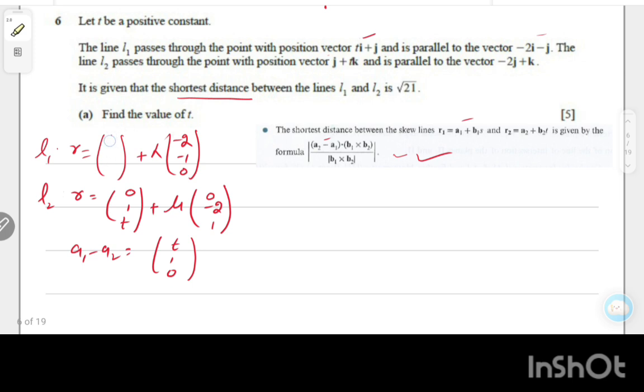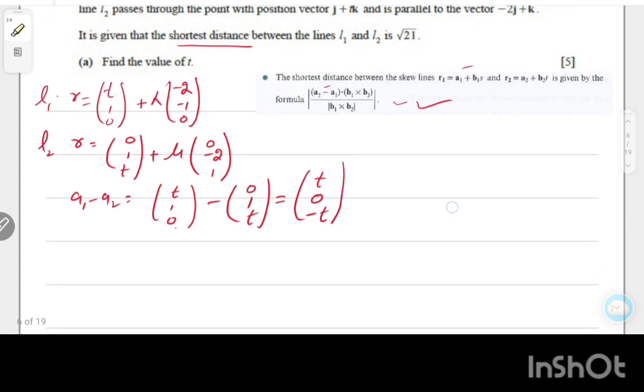We write a1 as t, 1, 0 and subtract 0, 1, t. So we get t minus 0 is t, 1 minus 1 is 0, and 0 minus t is minus t. Okay, we have got this one.